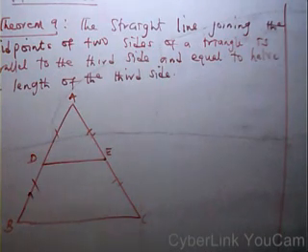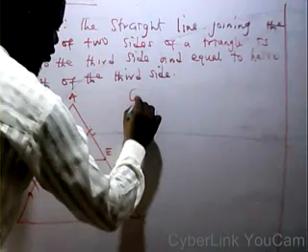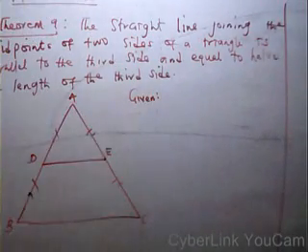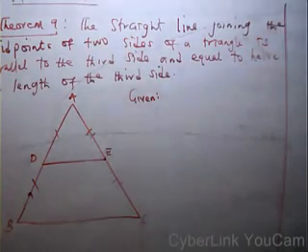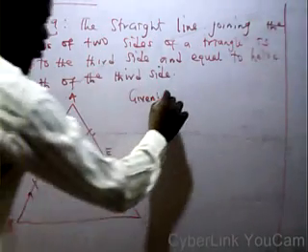So after this, we now go to the given. So what were we given here? We are given triangle ABC, in which D and E are the midpoints.